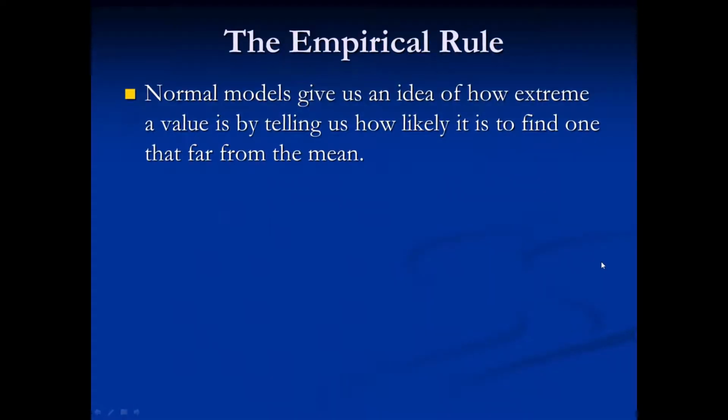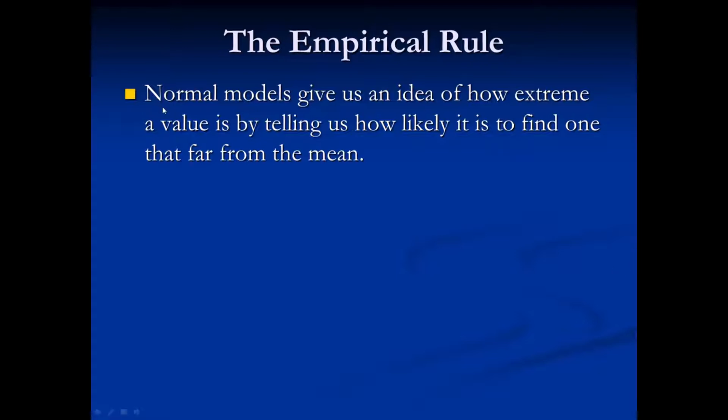All right, so if we want proportions of observations for normal curves, we can use this little trick, and it's a great one. It's called your empirical rule. It applies to any normal model, and we can use it to get proportions.